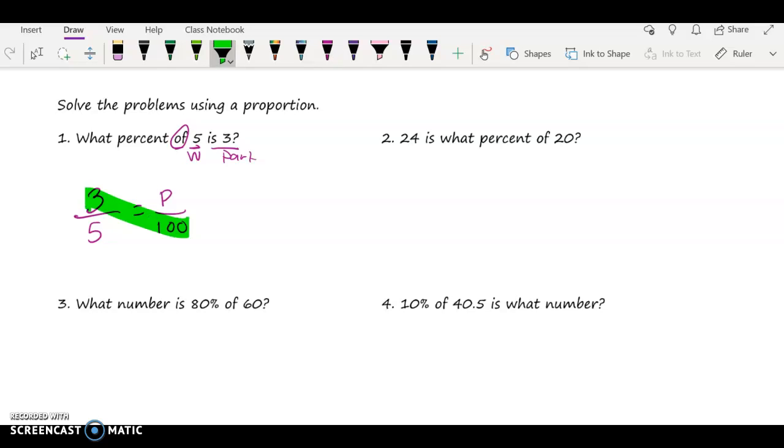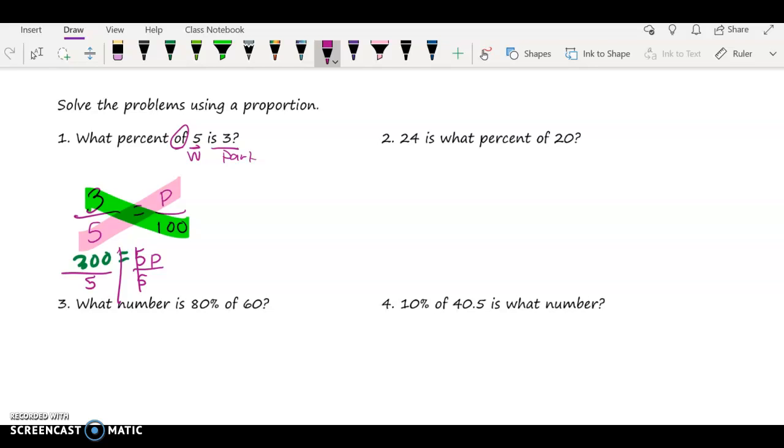I'm going to cross multiply, and I get 300 equals p times 5, which is 5p. I divide by 5 on both sides. Those cancel.